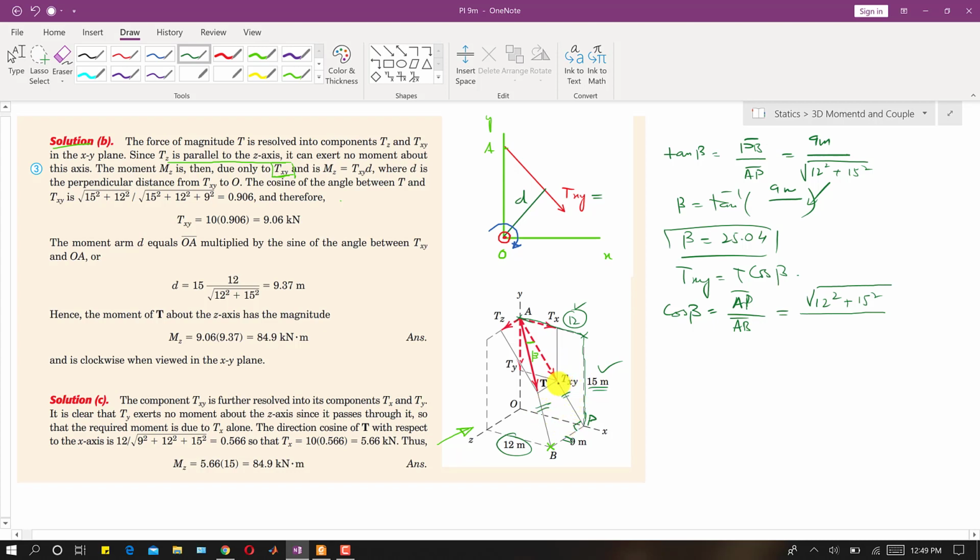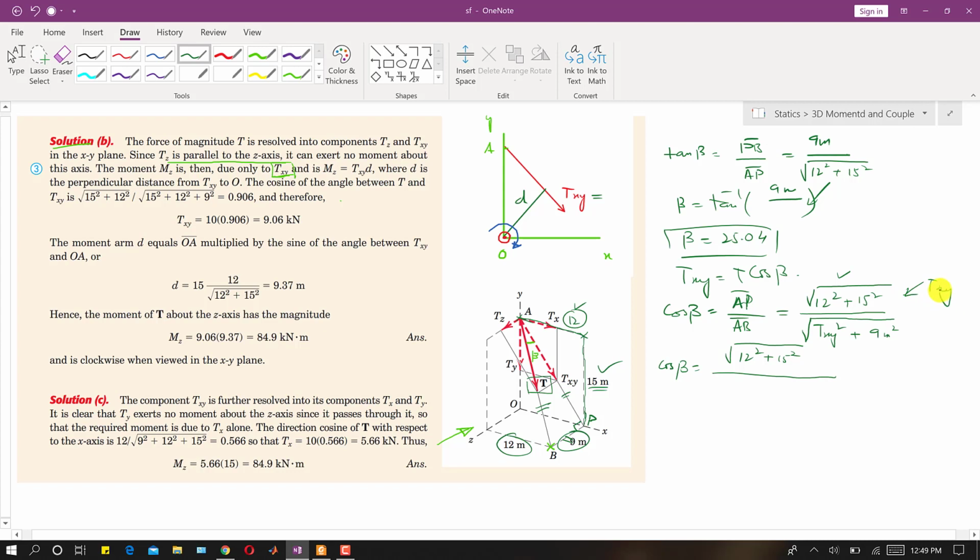So if we consider this triangle, this A, P and B triangle, what will be the magnitude of this T? It will be equal to Txy square plus this 9 meter square, so I will write 9 meter square under the root. So this is again Txy, right? So we can write cos of beta. This will be 12 square plus 15 square under the root. And if I put this again, this thing is Txy, right?